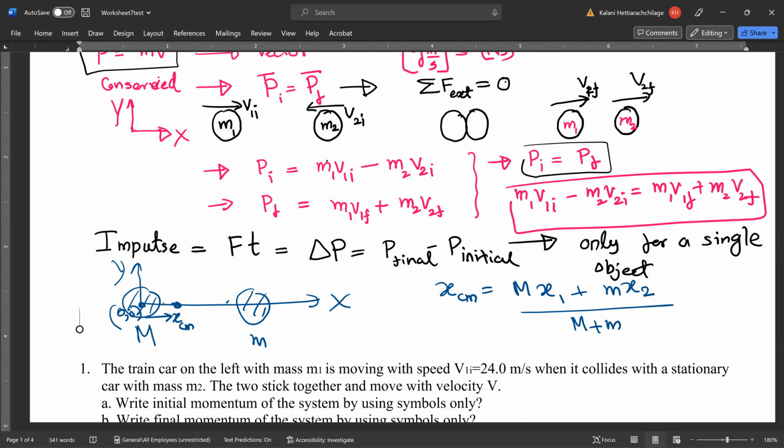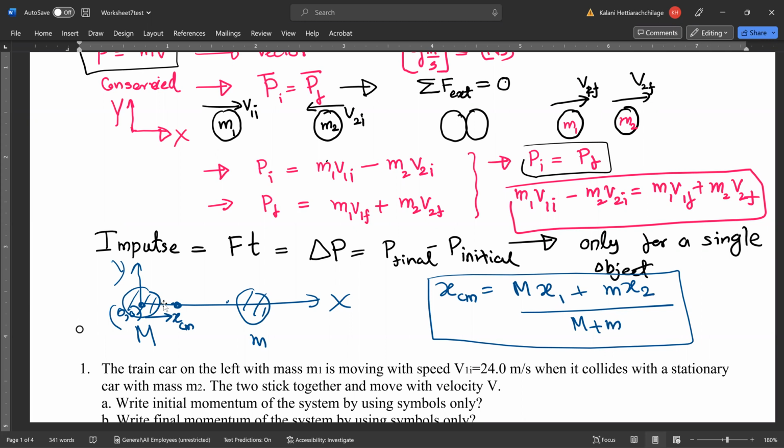So we need to be careful with that, but this will give you the center of mass on the x-axis. If you have objects on the y-axis or in between x and y, we definitely need to find the y center of mass, and then we need to use the Pythagorean theorem to find the resultant distance to the center of mass from the origin. So that's the center of mass part.